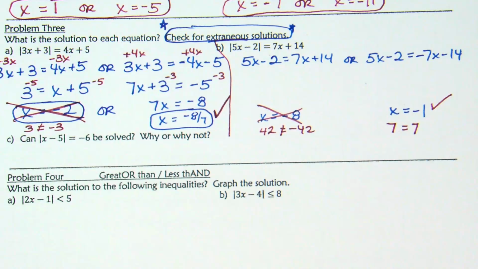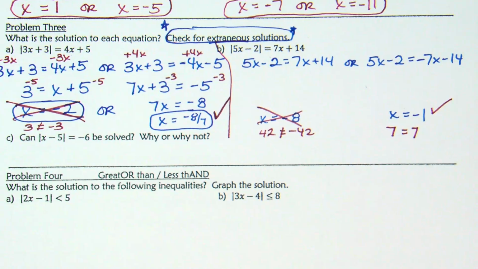Before we move on to our inequalities, look at example C. Can the absolute value of x minus 5 equals negative 6 be solved? Why or why not? Thoughts? Can absolute value of x minus 5 equal negative 6 be solved?